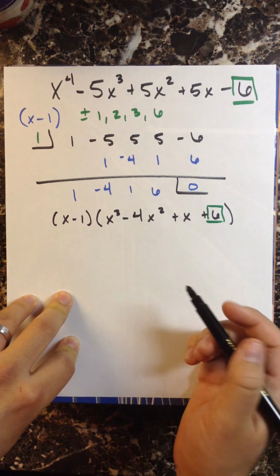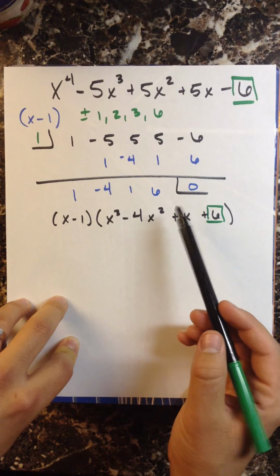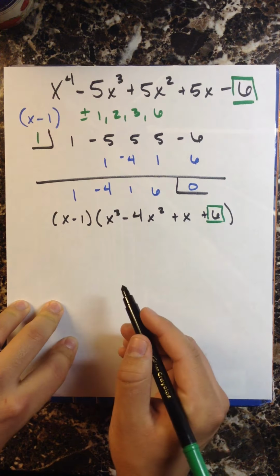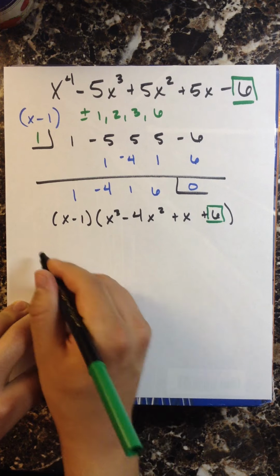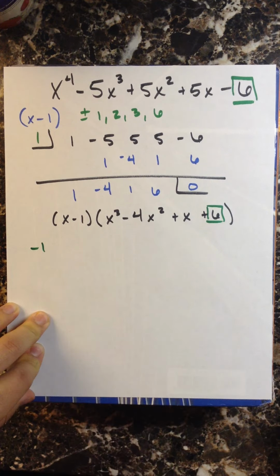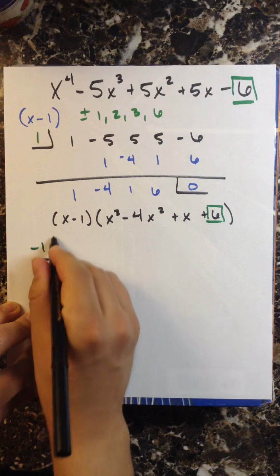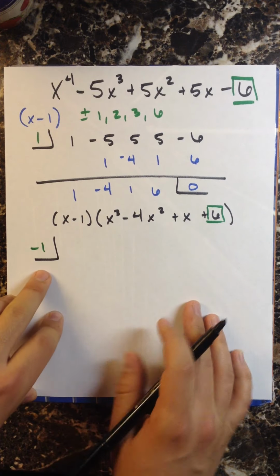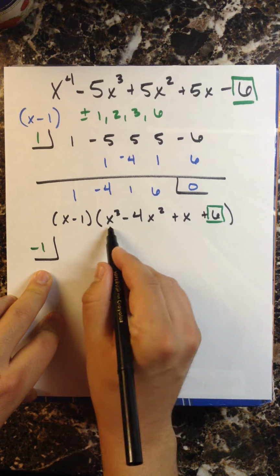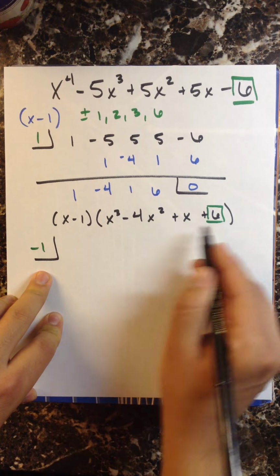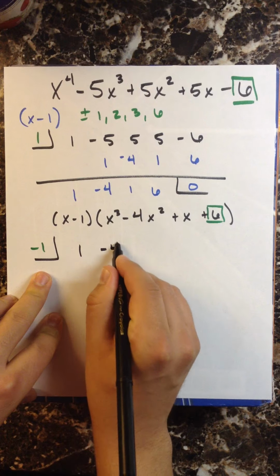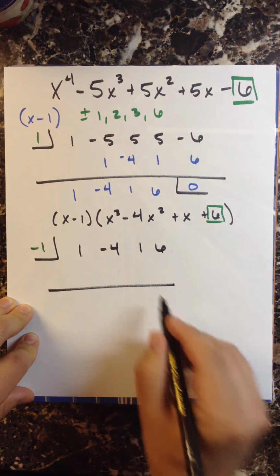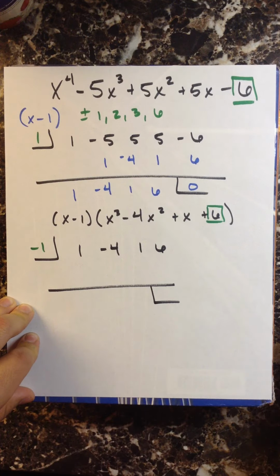Since we already did a 1 up here, I'm going to try a negative 1 and see if that works. Just using a little strategy you could use. You could go back to the exact same process if you wanted; I'm just going to try a different one. So we'll do negative 1, and now we use this for what we're dividing synthetically: 1, negative 4, 1, 6, and a box for the remainder.